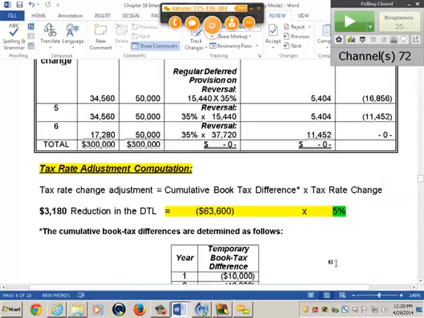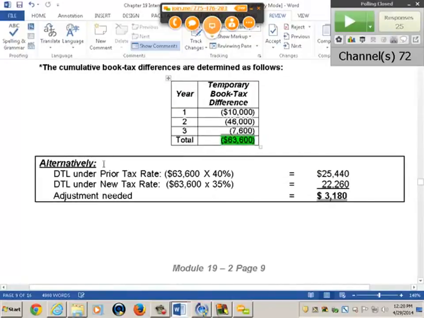That's another way to get to 3180. In any event, you have to reduce the liability. The liability is overstated. So under the balance sheet approach, we want to make sure the liability is correctly stated. And of course here, where it says alternatively, that's exactly what I'm doing up on the board.